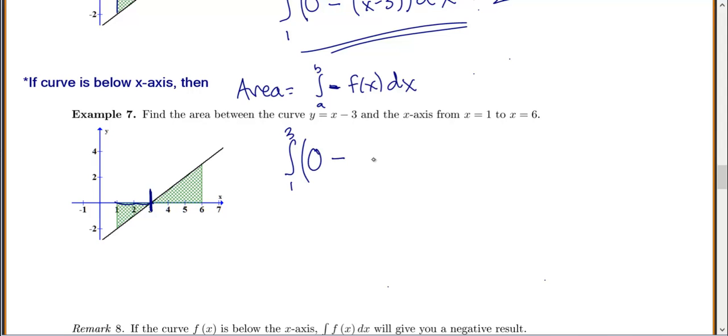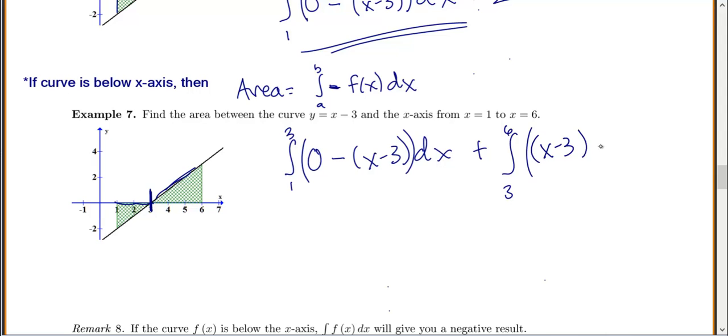So we'll do 0 minus x minus 3 dx, plus, and now I go from 3 to 6. And in this case, which one's on top? Now my line is on top, so I'll do the x minus 3 first, and then I'll minus 0. Try this yourself, and the answer is 6.5.